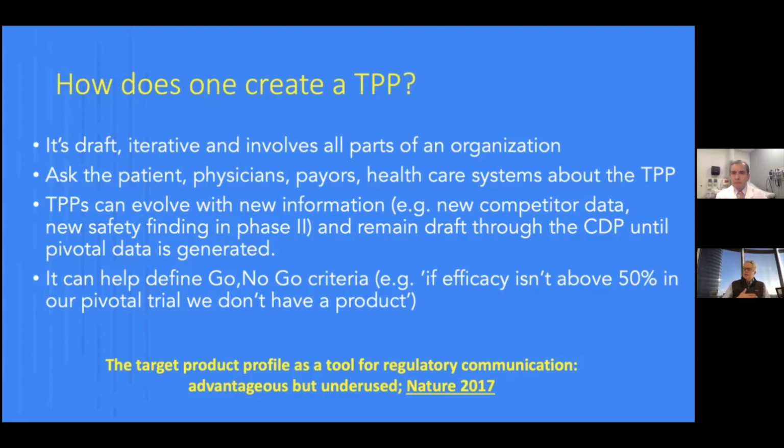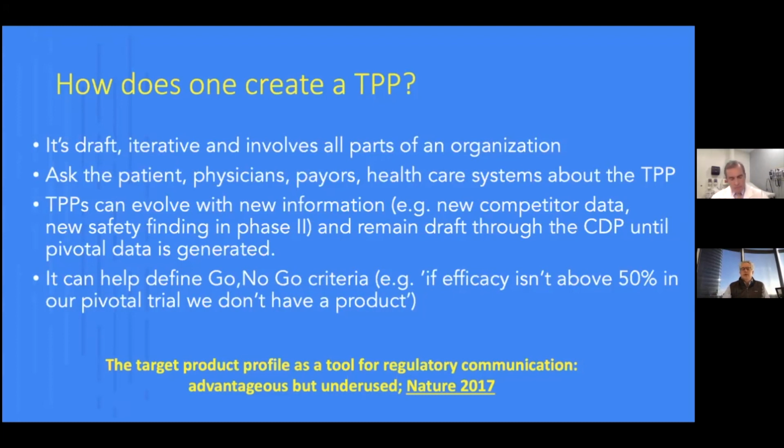And over the course of a clinical development program, which can last for many years, that target product profile is presented to patients, to physicians, to payers, to healthcare systems to get feedback. Would you see this as a valuable new entrant in the treatment of these patients? Again, it can evolve over time with new information, and really can also help to define go, no-go criteria.